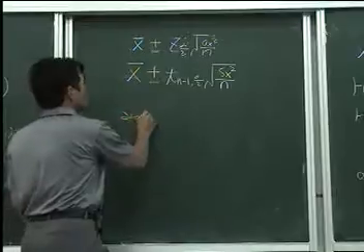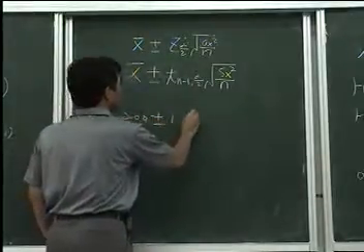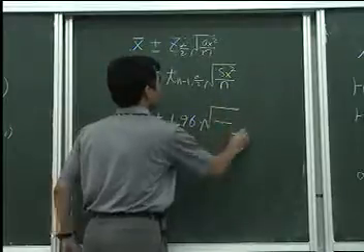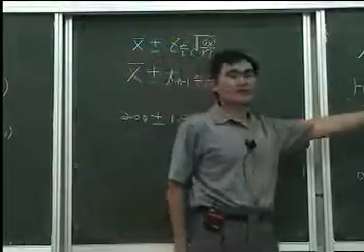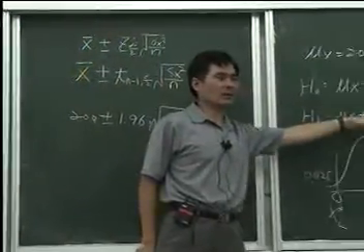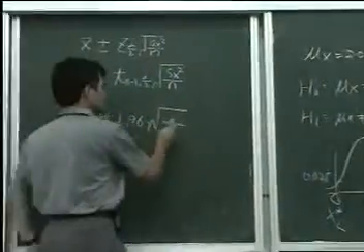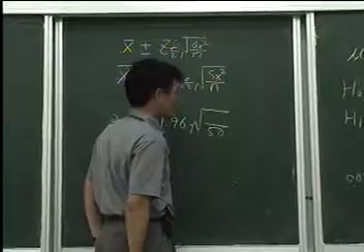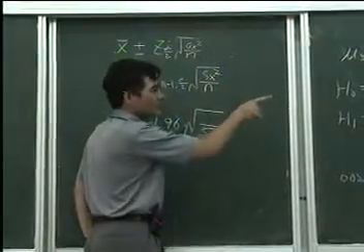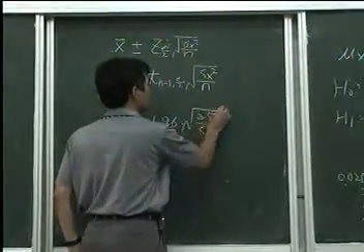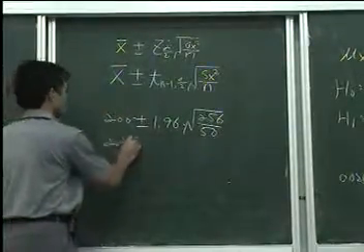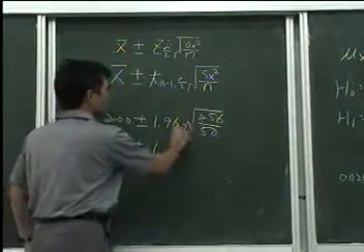It's 200 plus minus 1.96 times, and there are 50 weeks, right? They have 50 weeks of data. So 50, and sigma x squared should be 256. Can anyone give me this number here?